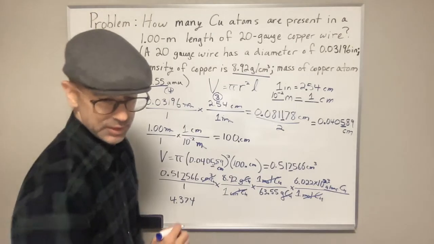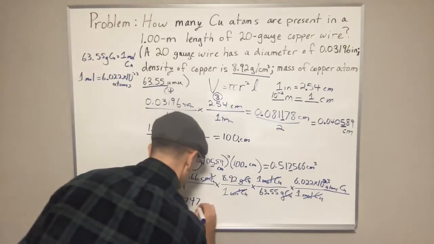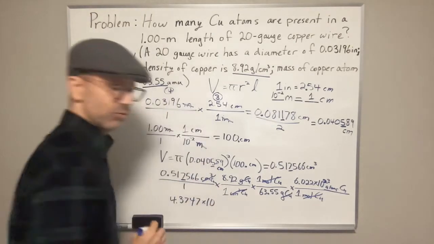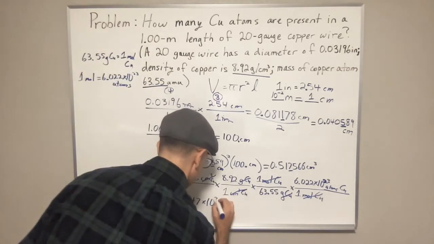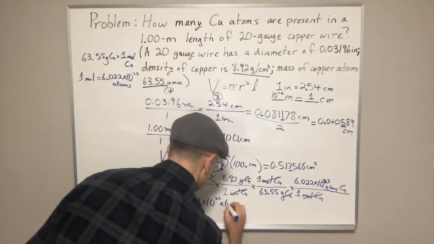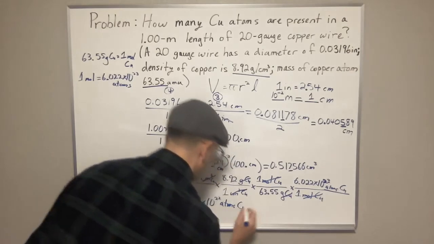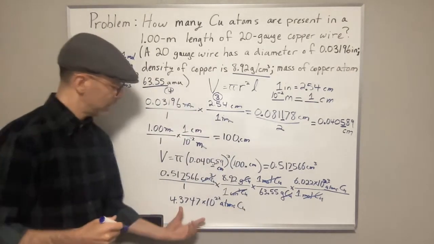We'll add another digit, 7, times 10 to the 22nd atoms of copper. So that is my answer.